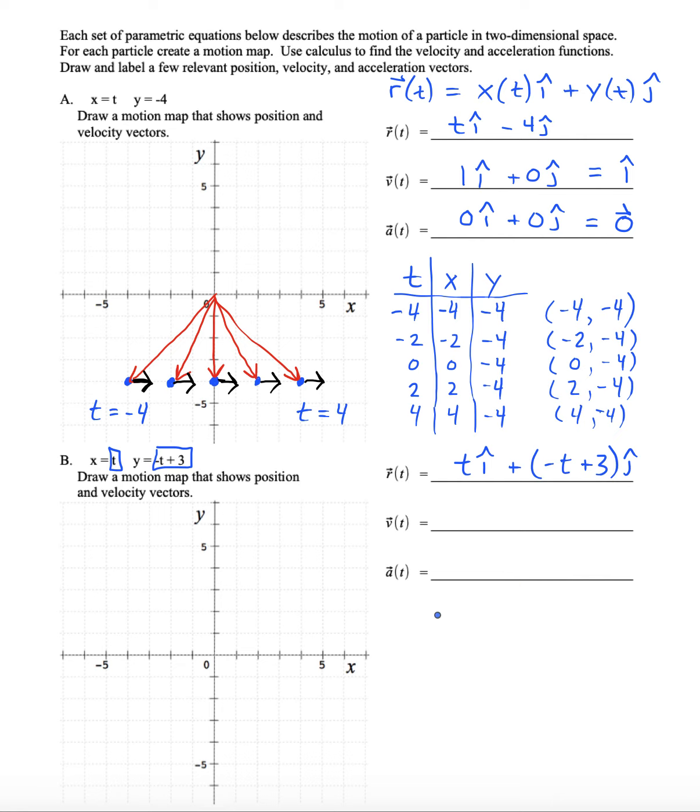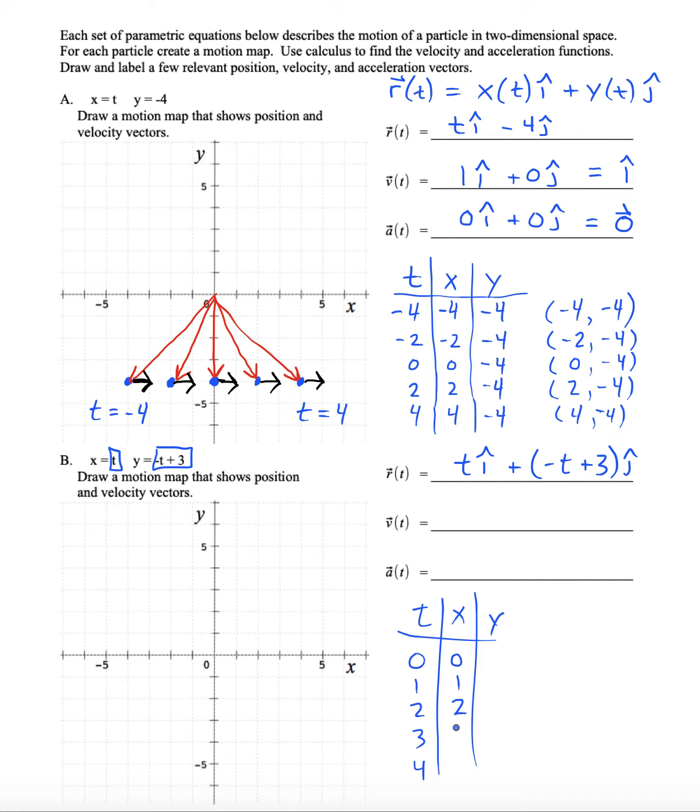Now let's make a table for this so that we can plot our particle. I'm going to start this one off with a t of 0, and then we'll do 1, 2, 3, and 4. Alright, so if t is 0, then x is 0. If t is 1, x is 1.